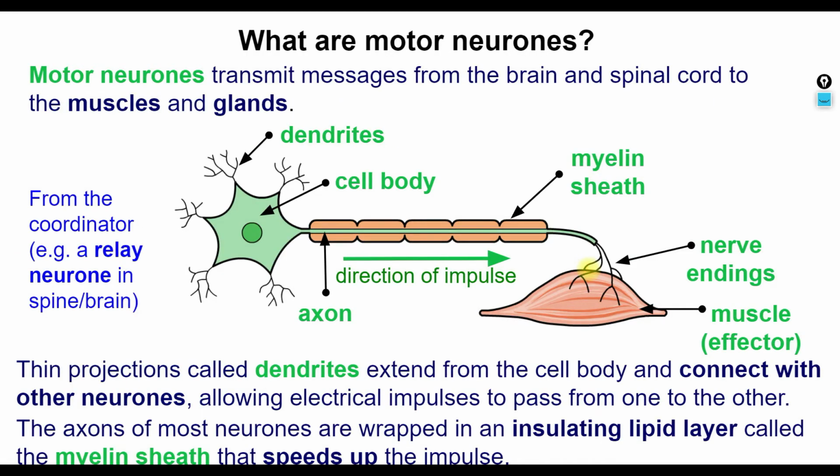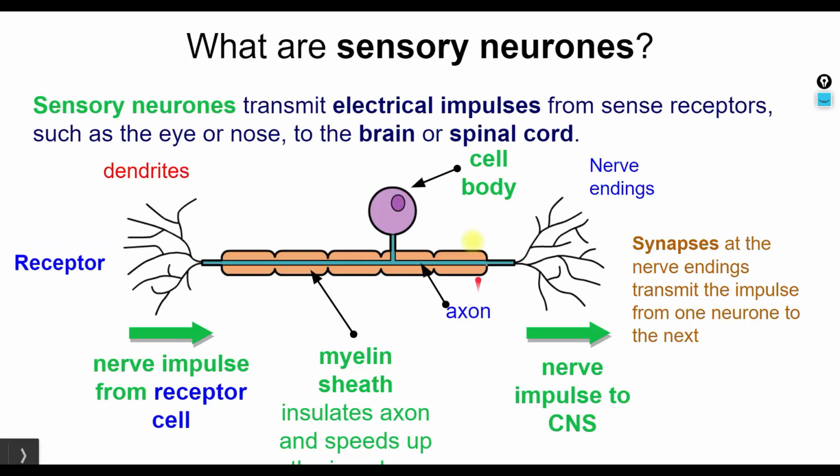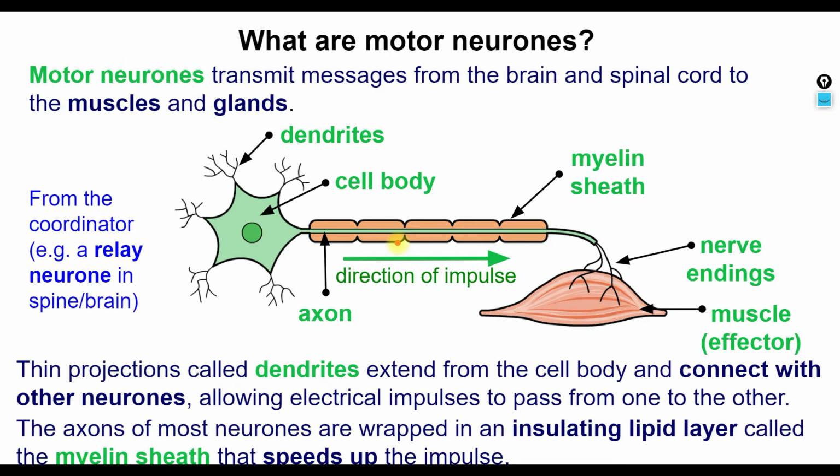Now in the next slide we're looking at a motor neuron. It's a different type of neuron. It looks different. Remember that our sensory neuron had the cell body with its nucleus sticking off to the side of the axon. The motor neuron has the cell body with the nucleus near the beginning of the neuron.